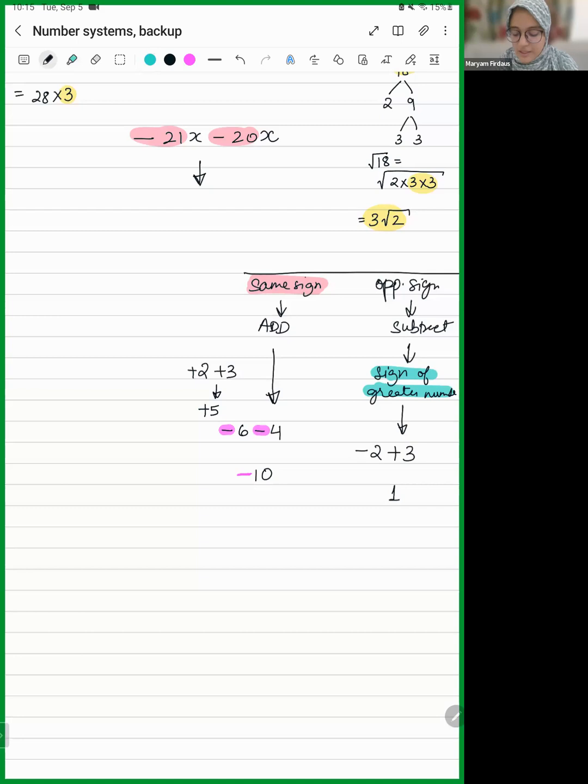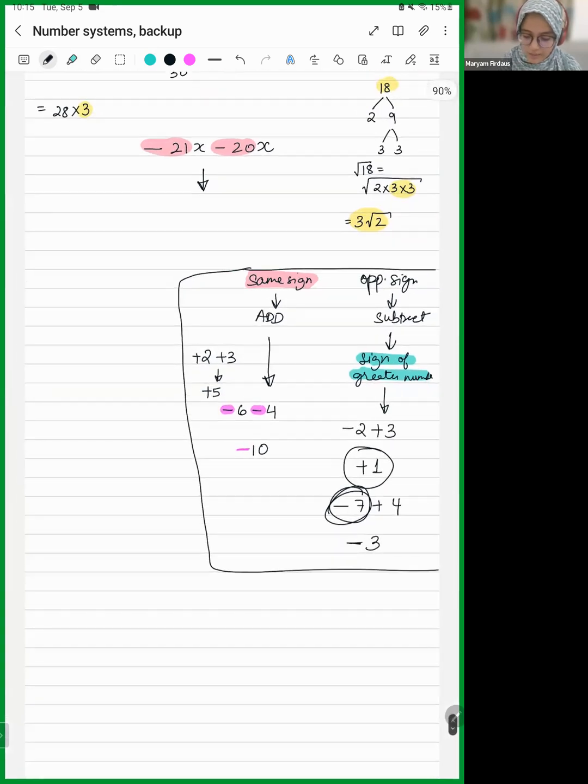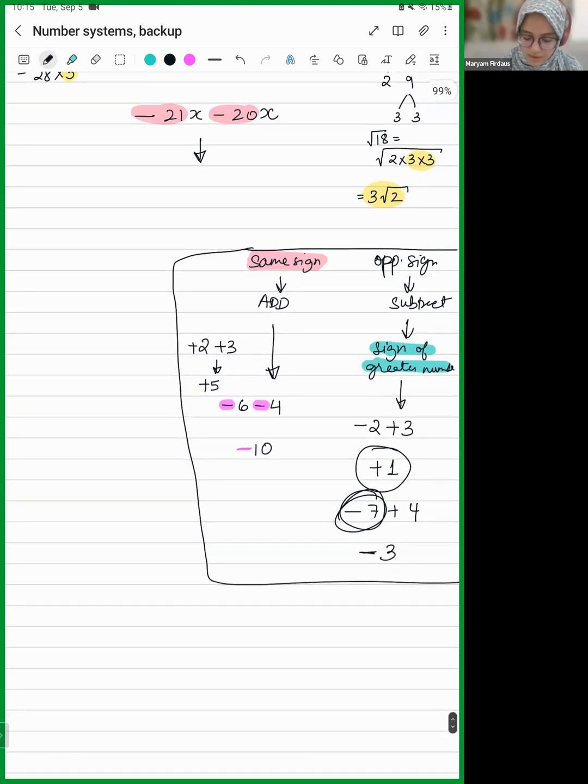The greater number is 3 and the sign of 3 is plus, so you put plus. This is how you get plus 1. Similarly, if you have minus 7 plus 4, what is 7 minus 4? It is 3 and the greater number is 7. So here you put the sign of 7, which is minus. So this is just something that I thought it's important to convey just in case some of you might be having confusion in this. So this thing now it becomes what?